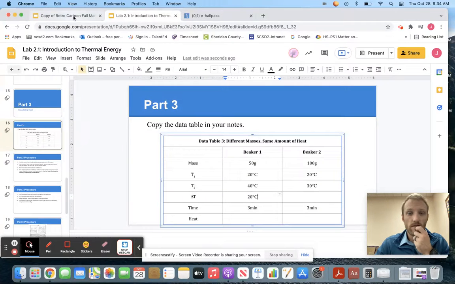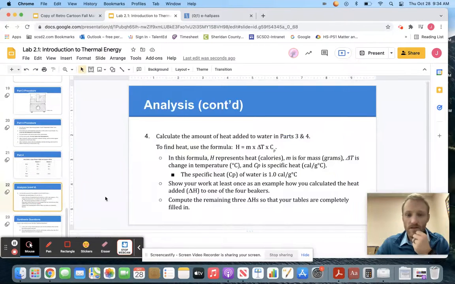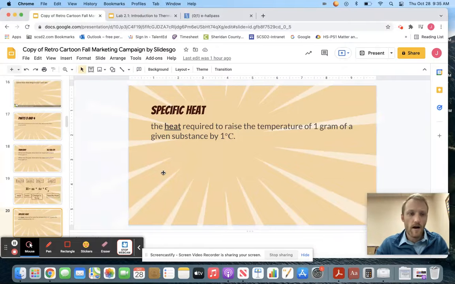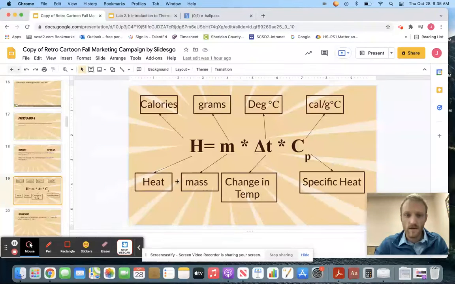Let's look at what we know. Our mass is 50 grams. Our change in temperature is 20 degrees. And we just found out that the specific heat of water is 1 calorie per gram degree Celsius. All we have to do is plug that into the equation.